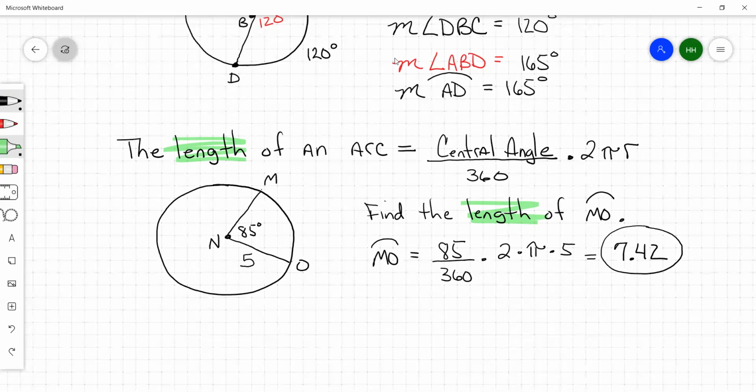Anybody not? That's when you shake your head left to right, or you raise your hand and say, I didn't get that. Anybody have any questions on any of that stuff? Decent amount of information today, but nothing very difficult.